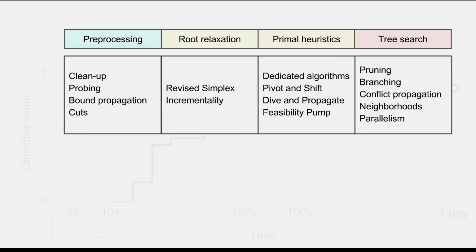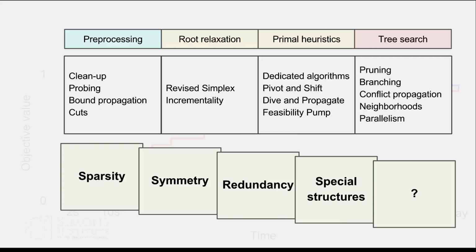So to summarize everything, to efficiently solve a MIP, there are just gazillions of different algorithms which go inside and they cooperate with each other. And all of this works because of the models. Models have a lot of properties which are leveraged by these methods. Models are sparse, there are a lot of symmetries, there is a lot of redundancy in the model, and there are special structures like knapsack constraints, subflows and so on.